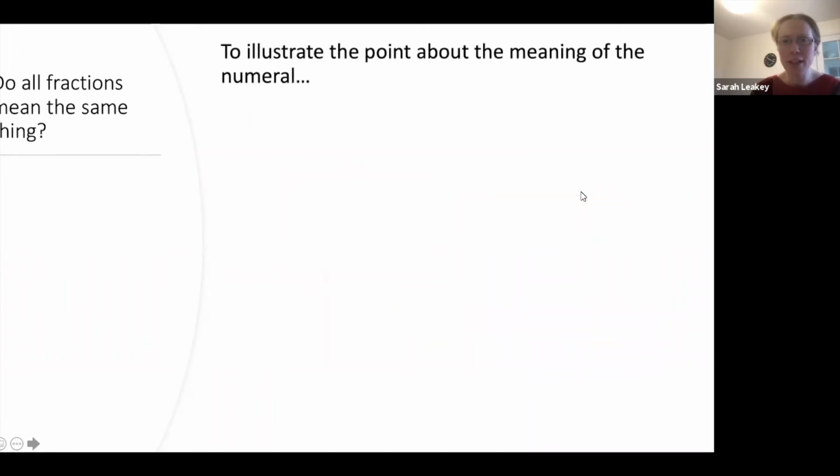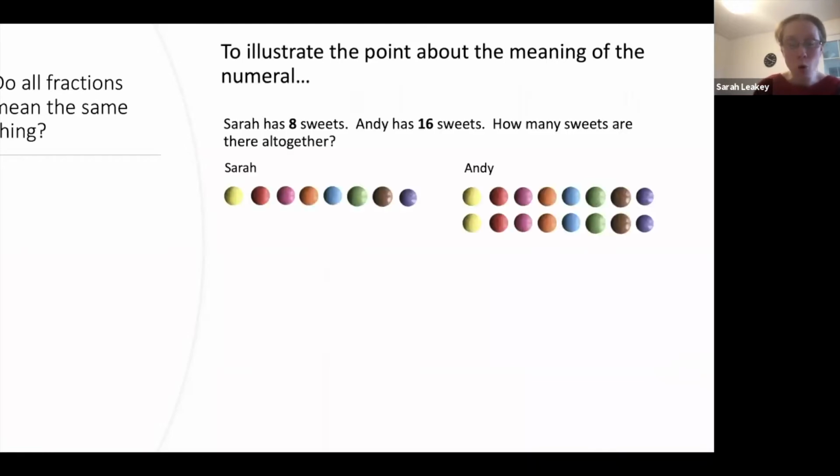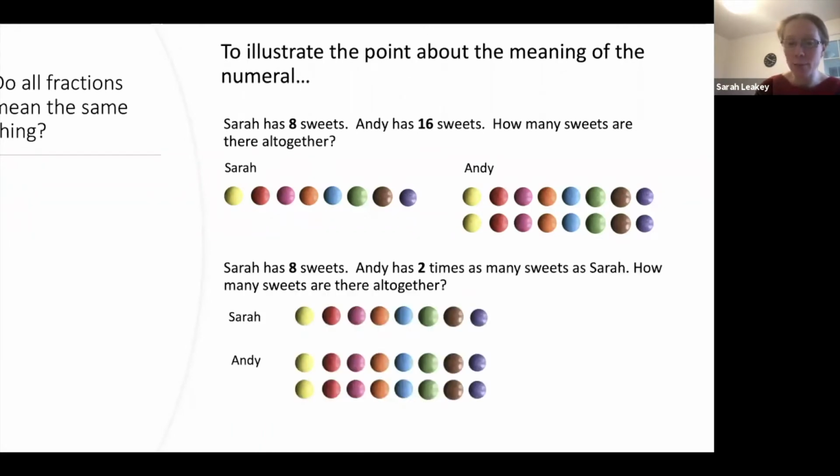So just to illustrate that point about the meaning of the numeral, that fraction, or in this case, the whole numbers in these problems, if you take this, Sarah has 8 sweets, Andy has 16 sweets, how many are there altogether? And then consider this problem, Sarah has 8 sweets, Andy has 2 times as many sweets as Sarah, how many sweets are there altogether?